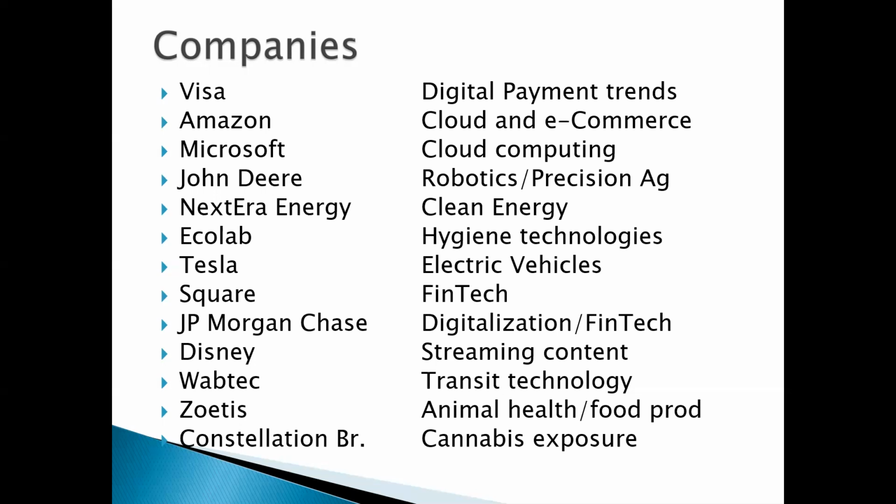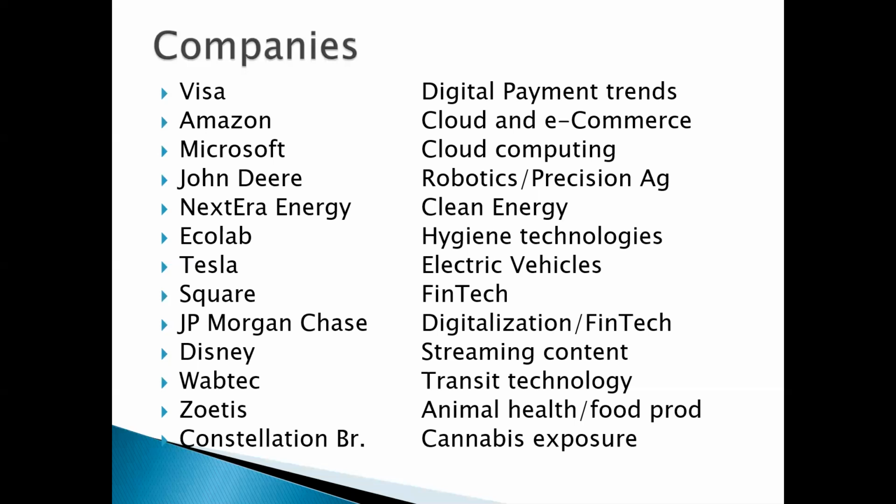We mentioned the cloud or e-commerce, that's Amazon. That's consumers changing how they buy, and companies having things hosted more in the cloud. Of course, Microsoft is also an example of that. I've already mentioned John Deere. We think about them as farm machinery, but they're heavily into robotics and what is termed precision agriculture.